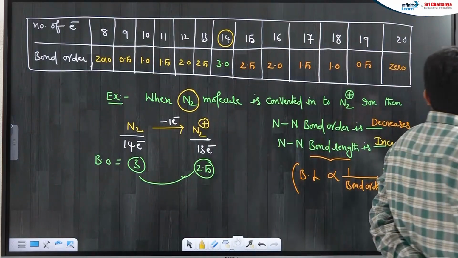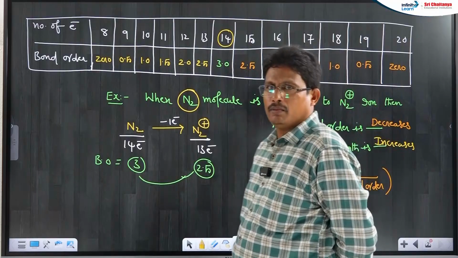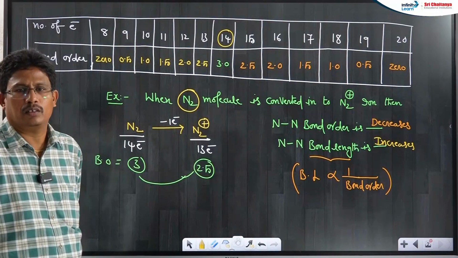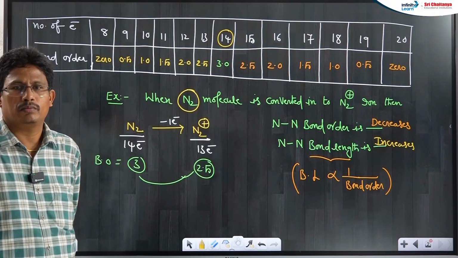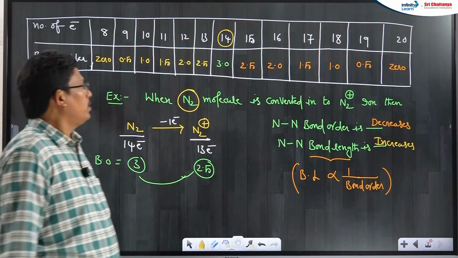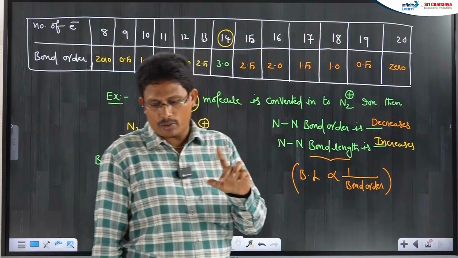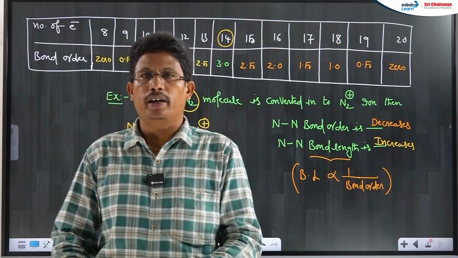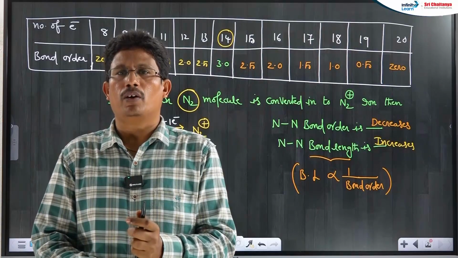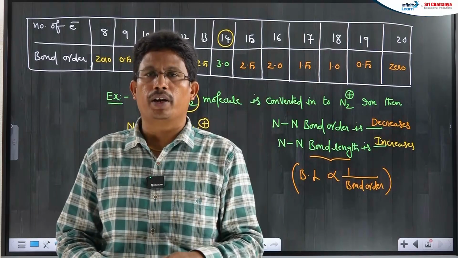I hope you all are understanding well. By using this shortcut table, you get a clear idea about bond order. Bond orders are easily found for diatomic molecules or ions without using the configuration.